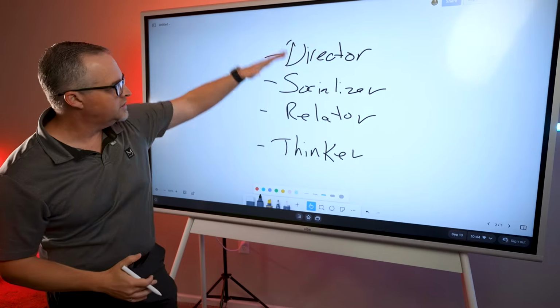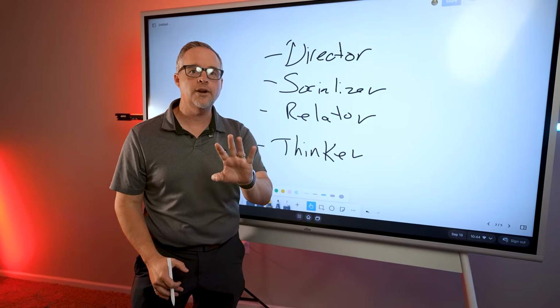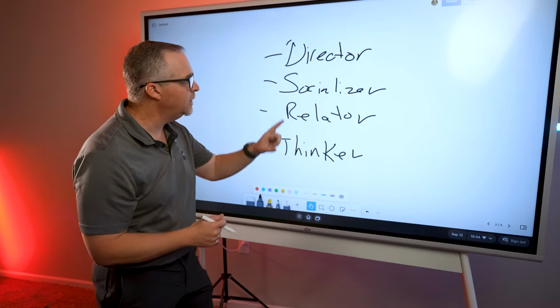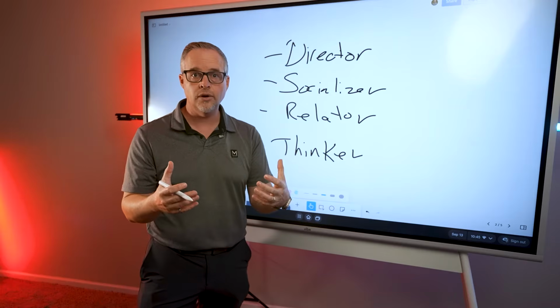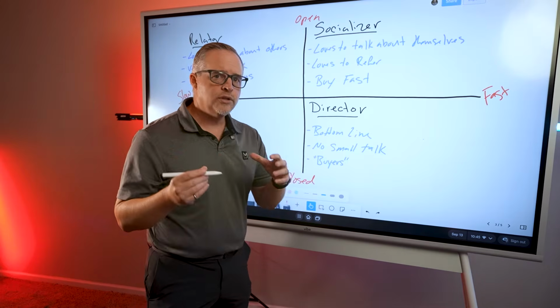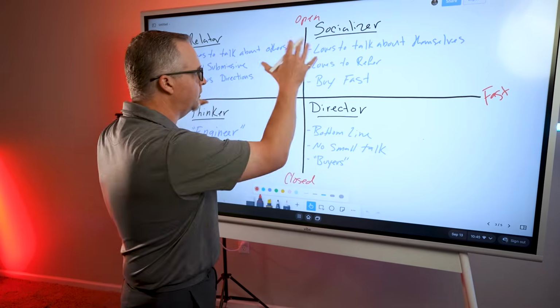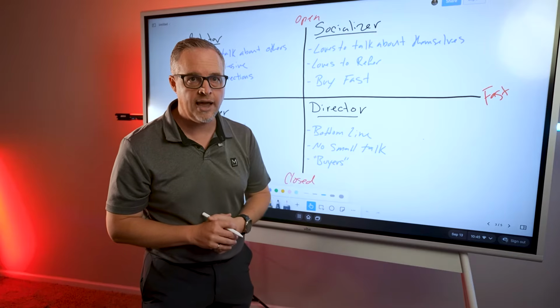So now that we know that there are 4 different buyer types, let's try to figure out what to do in every situation. But first, we can't figure out how to sell them until we understand who they are and when we're dealing with them. So now that we have them on the board, what we have done is we put them into 4 different categories because each one is in its own separate category.